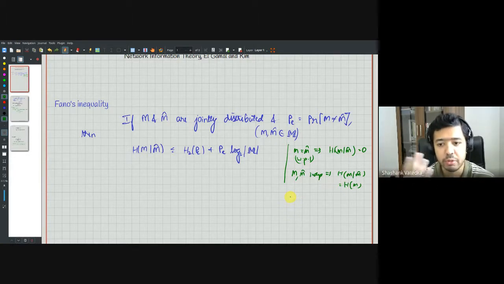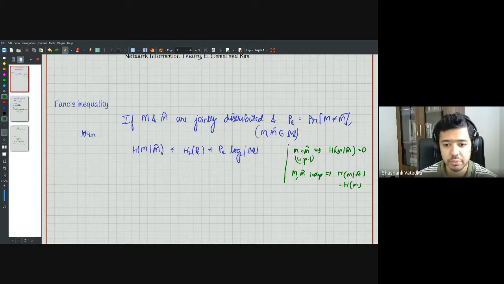In this case, the probability of error would also be the maximum, because m is totally independent of m hat, so the probability of error would also be large. So in some sense, if the uncertainty about m, given that you've seen m hat, is large, then the probability of error is also large, and that is what one would intuitively expect. And that is precisely what Fano's inequality is saying: if there is a lot of residual uncertainty in M given M hat, given your estimate, then the probability of error will also be large.